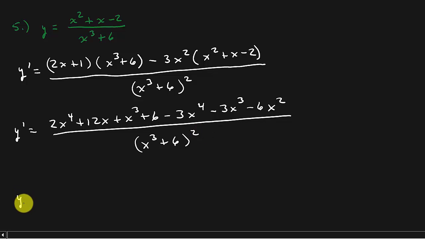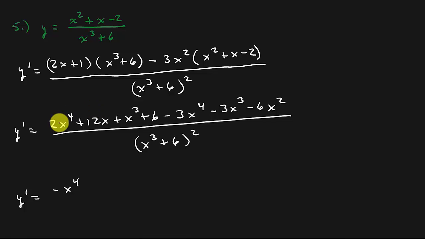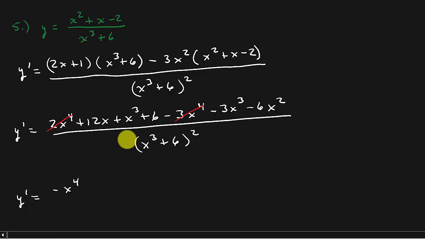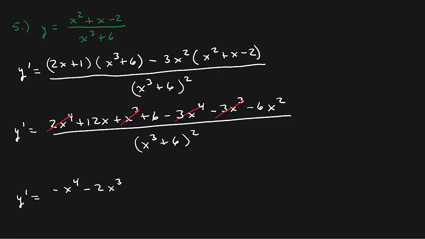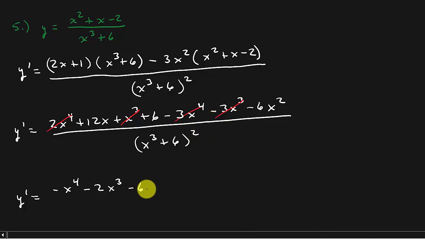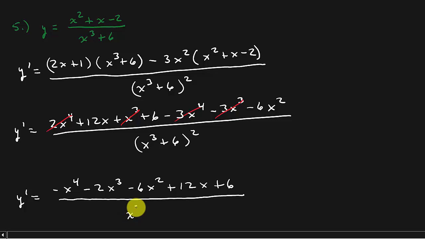And then let's combine like terms. That's going to be negative x to the fourth. Let me cross these out as I'm doing them. Then x cubed minus 3x cubed, that's minus 2x cubed. I've got no more like terms. And then that's minus 6x squared plus 12x plus 6 over x cubed plus 6 squared.